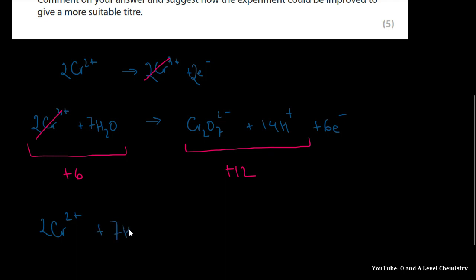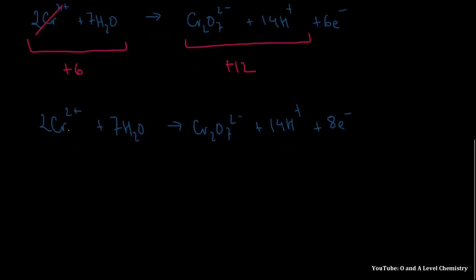I have 7 water molecules becoming Cr2O7 2- and 14 H+. And notice the electrons on the right-hand side are going to add up, so I'm going to have 8 e-. So that's the half equation of chromium 2+ becoming chromium 6+.